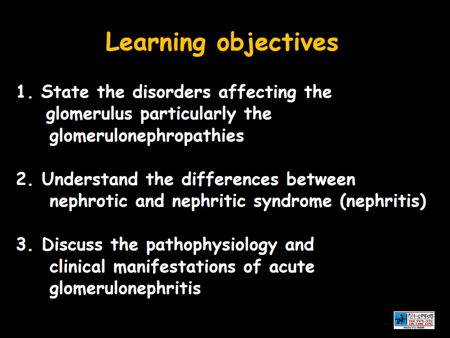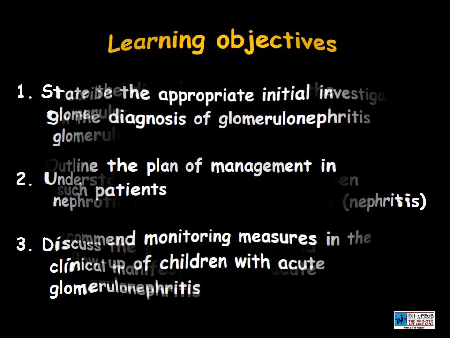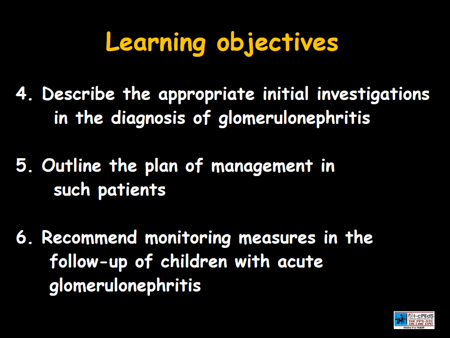Discuss the pathophysiology and clinical manifestations of acute glomerulonephritis. 4. Describe the appropriate initial investigations in the diagnosis of glomerulonephritis. 5. Outline the plan of management in such patients. And 6. Recommend monitoring measures in the follow-up of children with acute glomerulonephritis.